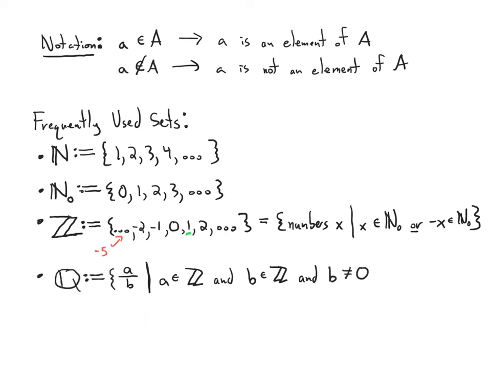So we say, if a times d equals b times c, then these two fractions, a over b and c over d, are the same number.